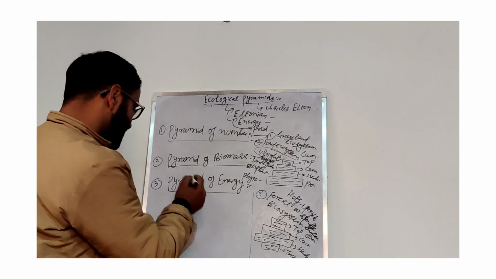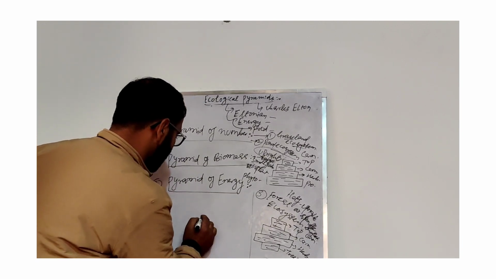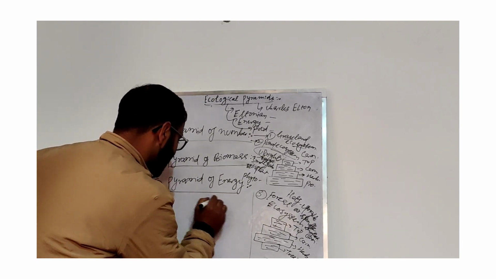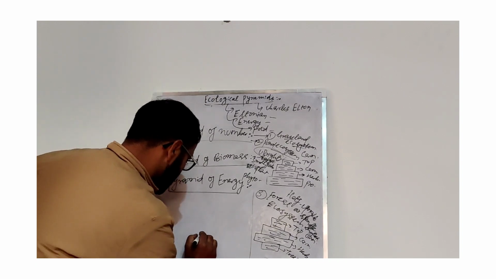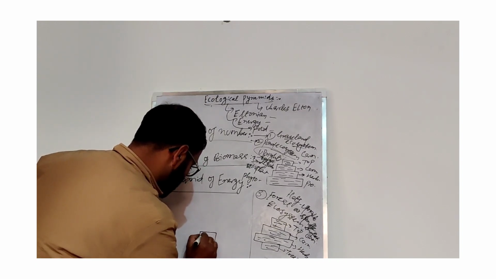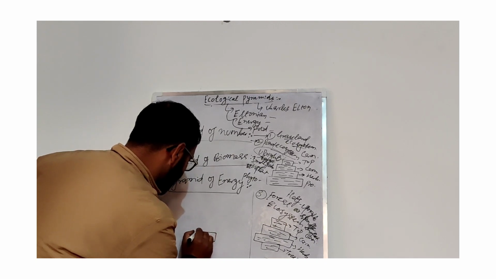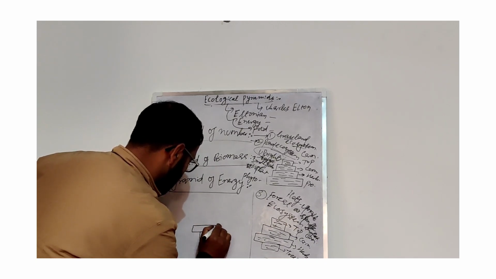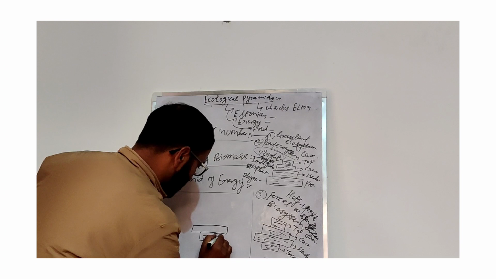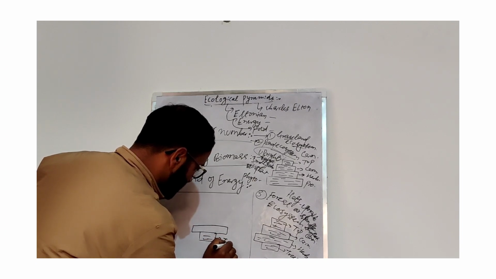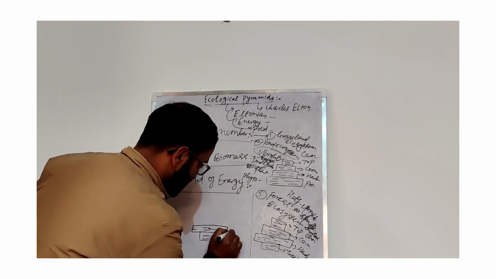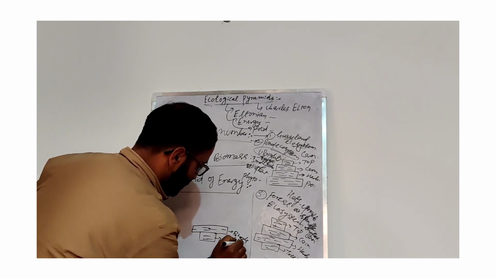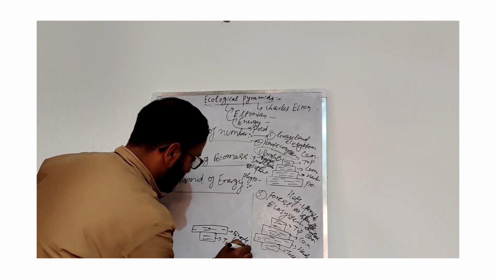We will take one example of a tree ecosystem. We have just one tree as an ecosystem. There are many birds feeding on this tree. So first we have a single tree. Then we have birds. These birds are herbivores feeding on the tree.